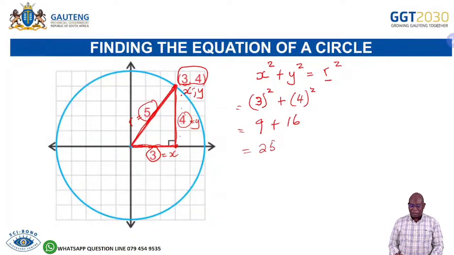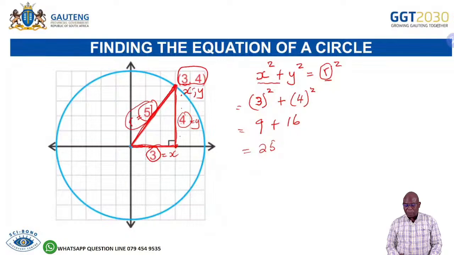Now look at this. If I take that r and square it, I still get 25. Can you see that x squared plus y squared will be the same as r squared? So my 25 will be my r squared.